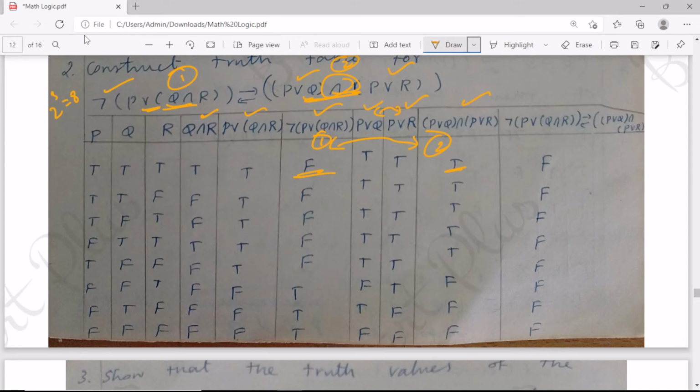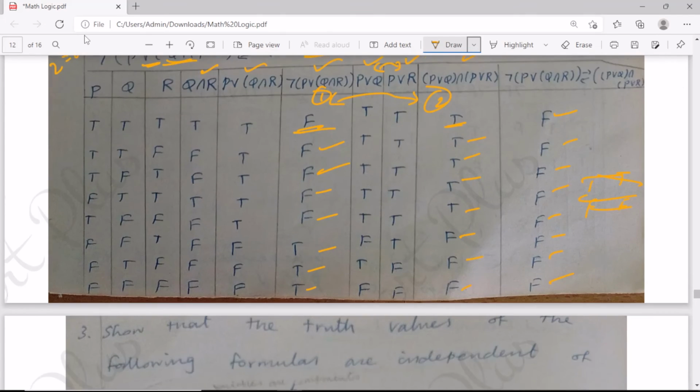Look here: false and false, false and false, and so on, and true and false. All of them have the value false, because none of the pairs has identical truth values like true, true or false, false. We don't have that pair here, so we get only false.